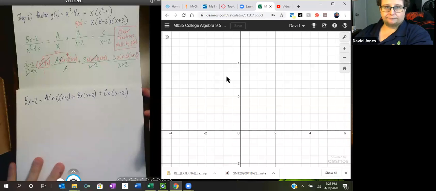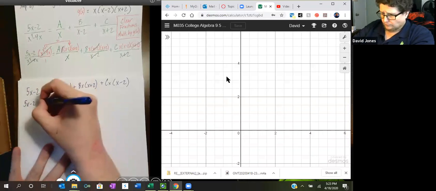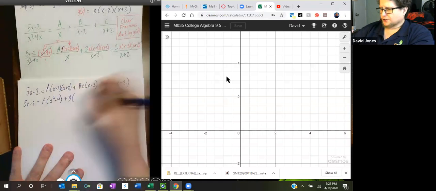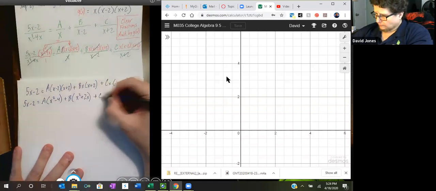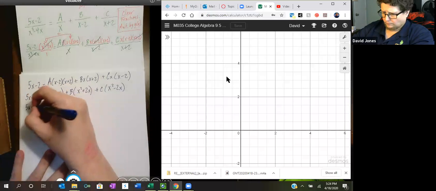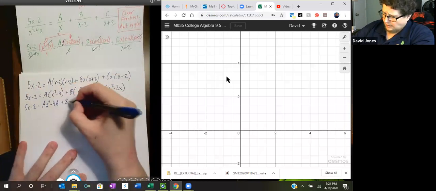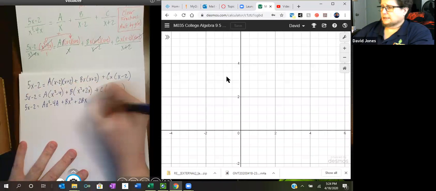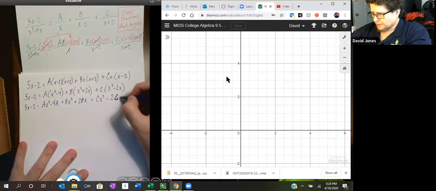You want to expand this all out. I'm doing it in steps, just doing the x parts first. There, I just distributed the capital letters inside.